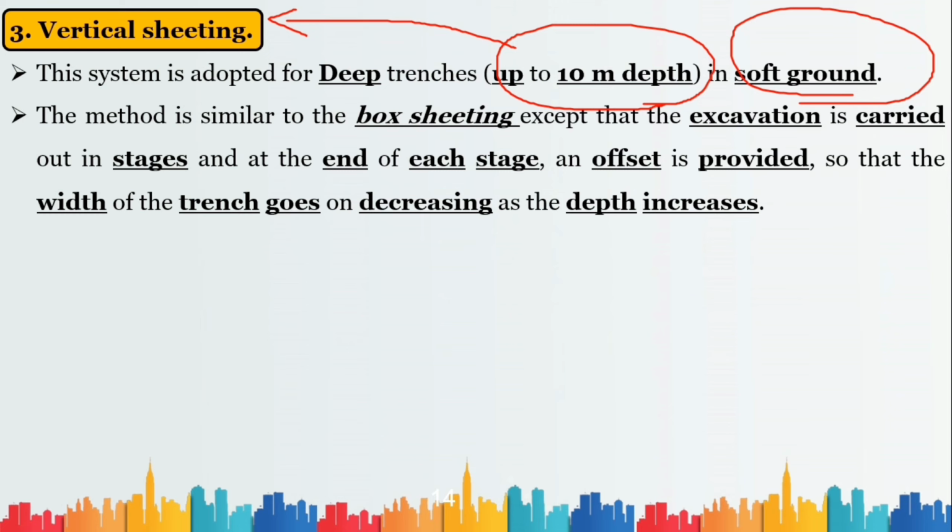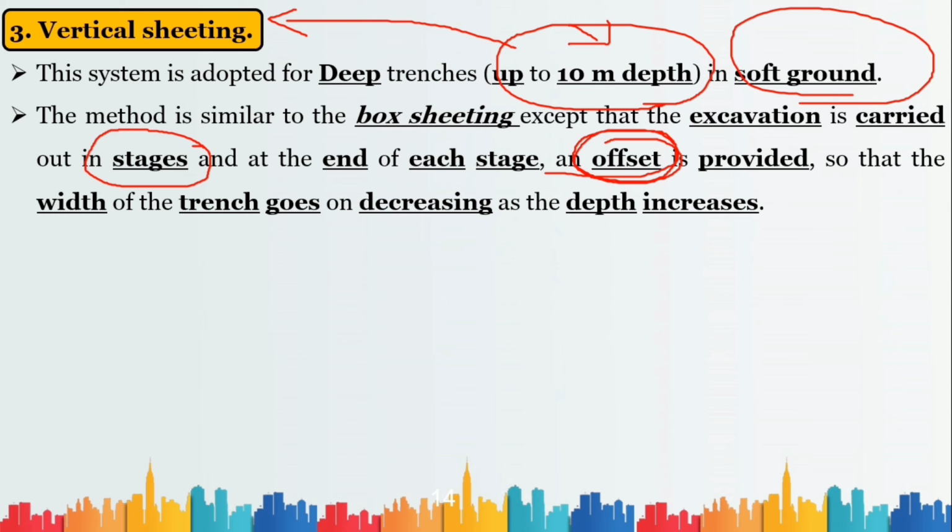So what do we need to do? When you need to go up to 10 meter, at that time you provide some stages, and those stages are represented as an offset.